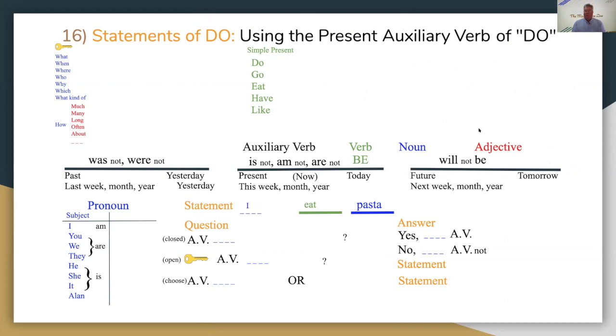Something that many people do not understand is that we use the present auxiliary verb of do. So there are auxiliary verbs for the actions of be and do. Now this idea is very important.